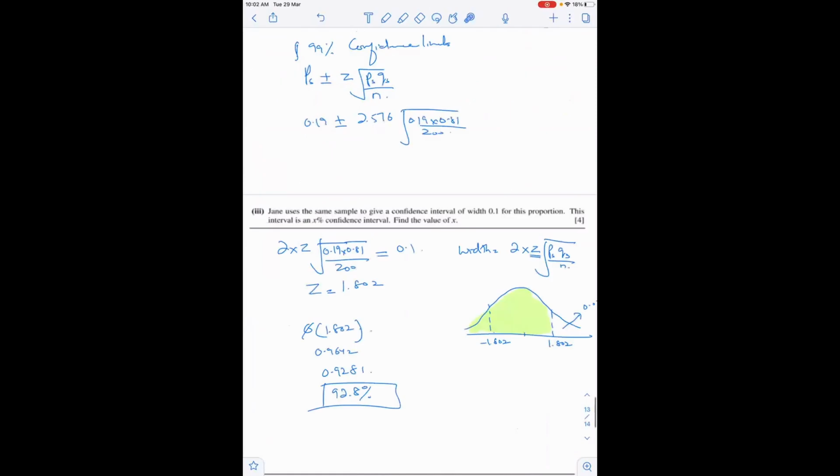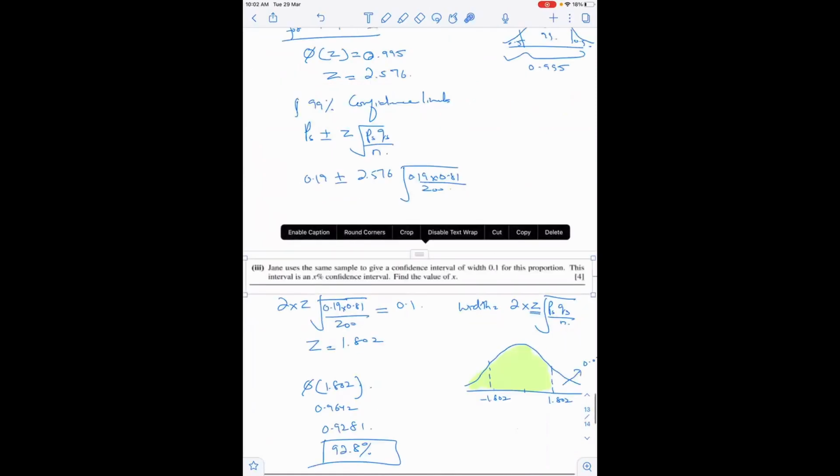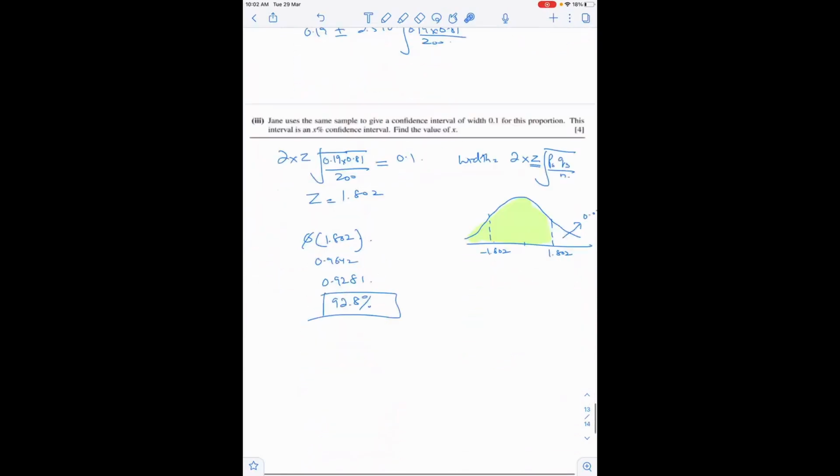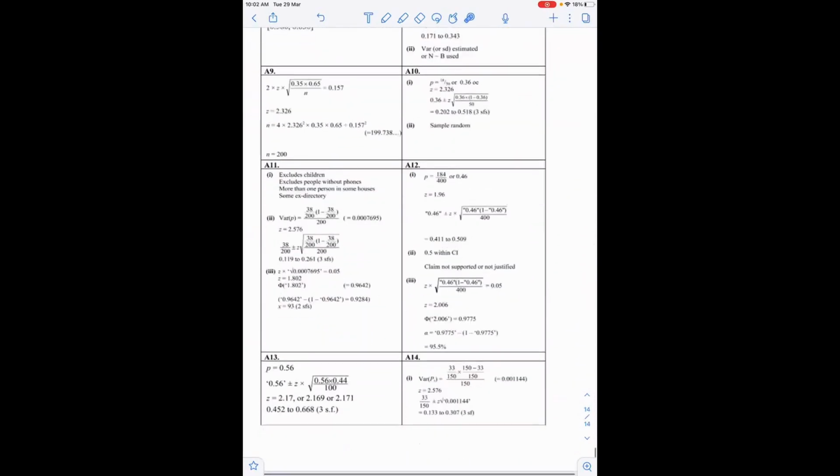Did they say two significant figures? They didn't say it. So you can write 92.8% also. I don't know why they have made it into 93. It should be three significant figures. So okay, fine.